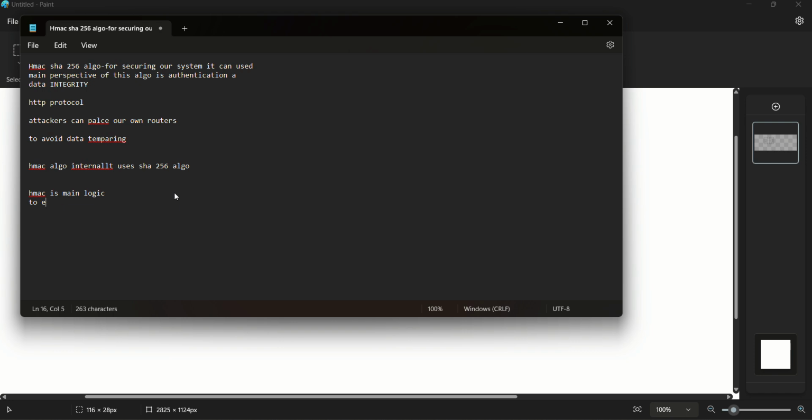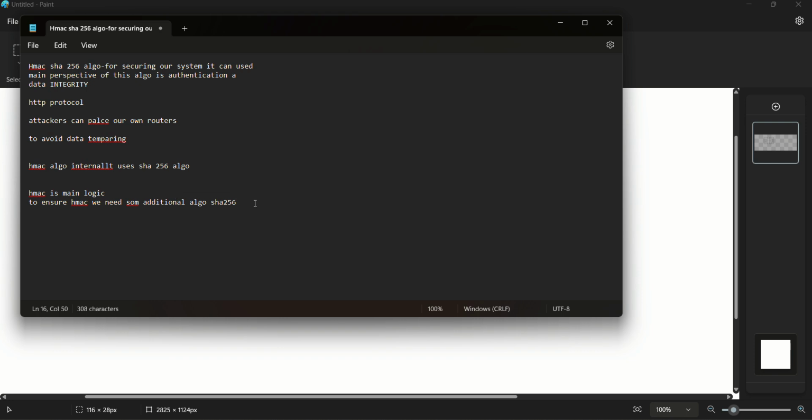SHA-256 is one such algorithm; there are many algorithms like SHA-256 and SHA-512, but the main algorithm at present is SHA-256.